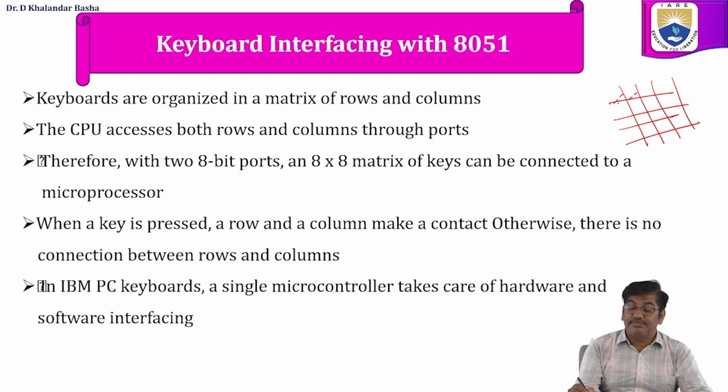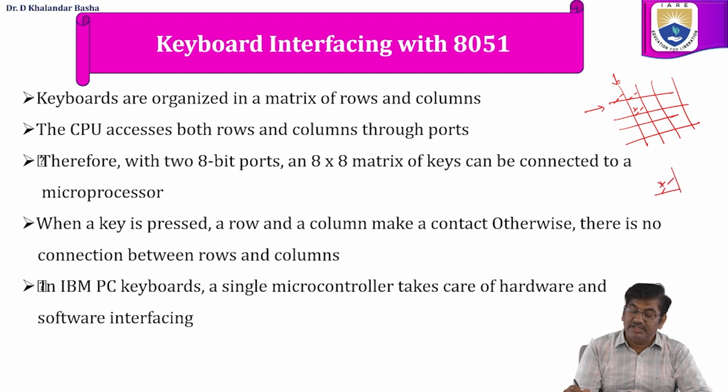So when a key is pressed, the row and column will make contact. Otherwise, there is no connection between the row and column. If the key is not pressed, the row and column will not be in contact. So whenever any key is pressed, the row and column get into contact.